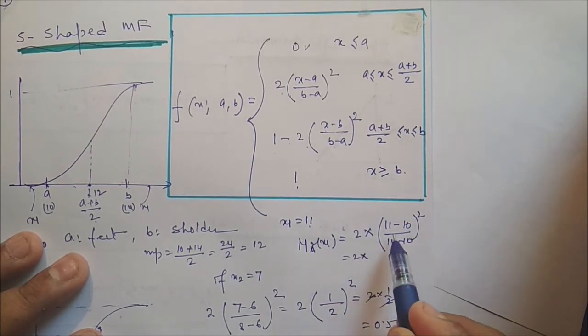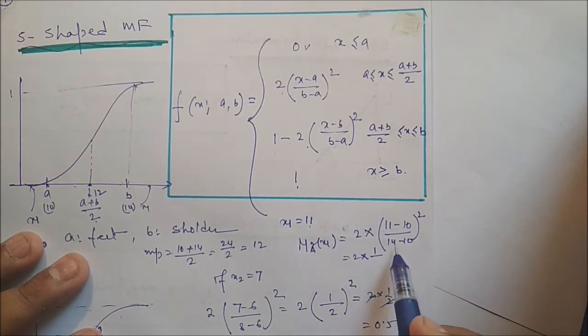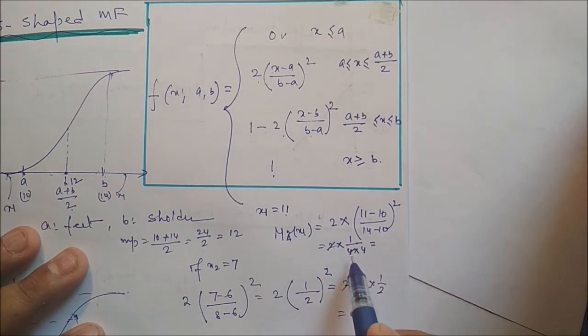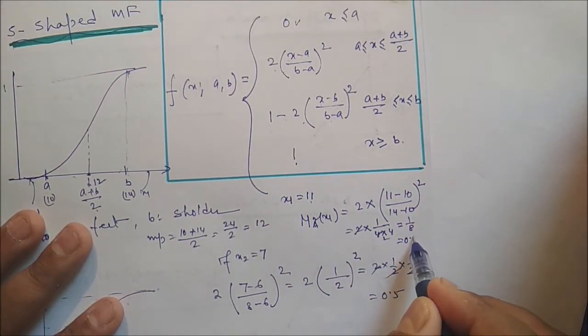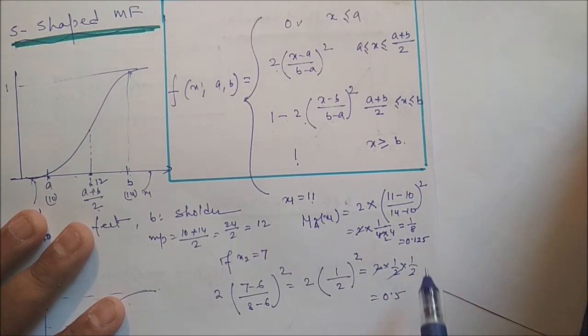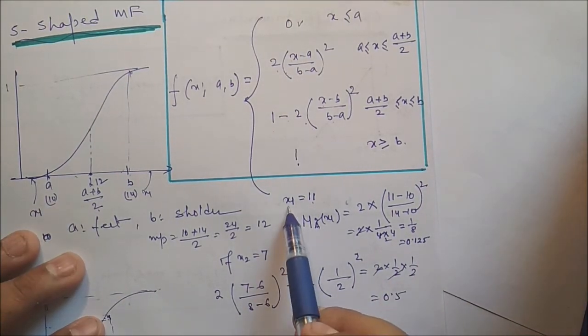So 2 into 1 by 4 square, 4 into 4, so it is 1 by 8, which is 0.125. This is the membership value of this x1, 11.